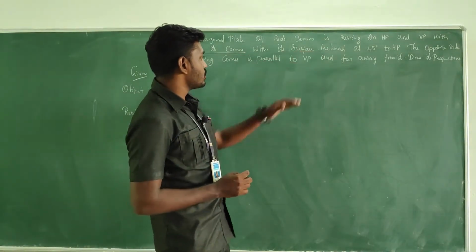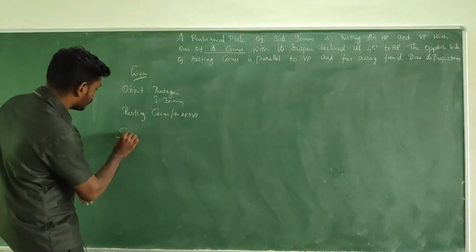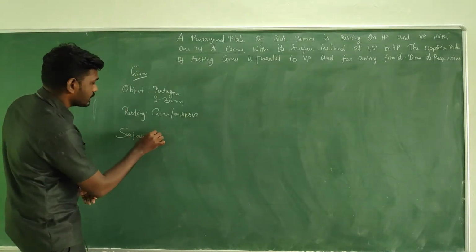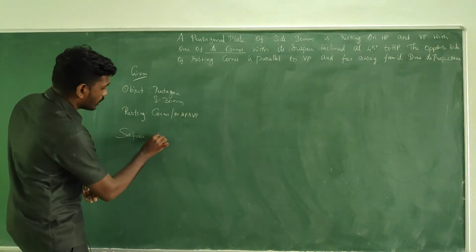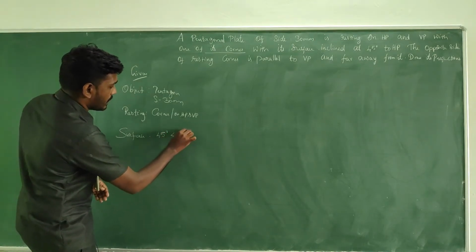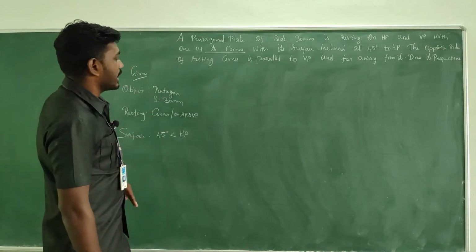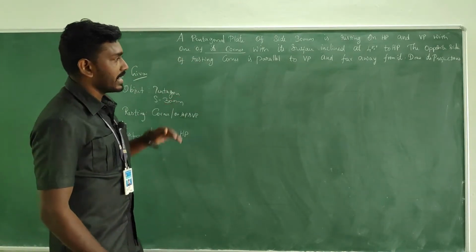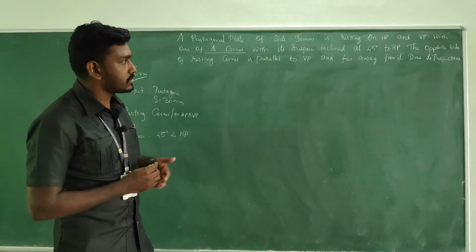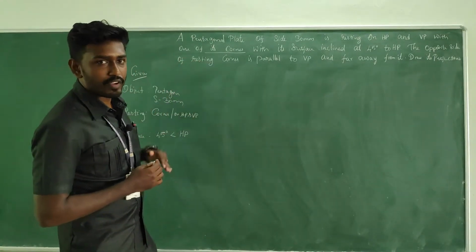Then its surface is inclined. They are talking about the surface inclination, which is making 45 degrees inclined to HP. Then the opposite side of the resting corner: usually we get an edge, but sometimes there may be special conditions. So here a special kind of condition is given.